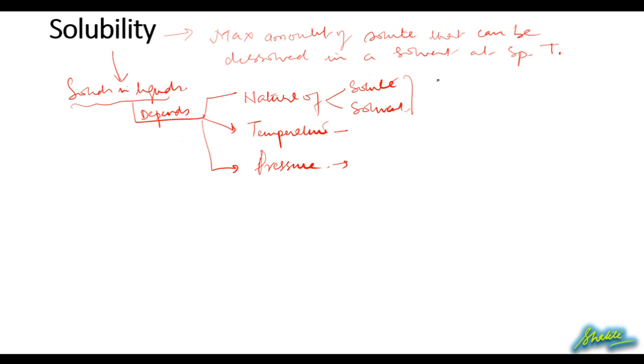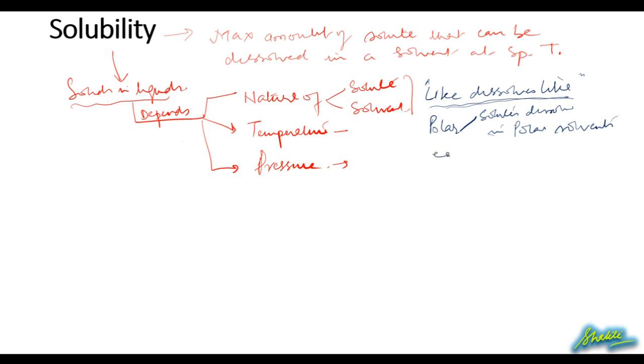It follows the principle like dissolves like. इसका क्या मतलब है कि एक जैसे सॉल्यूट्स एक जैसे सॉल्वेंट्स में डिसॉल्व होते हैं, या हम कह सकते हैं कि पोलर सॉल्यूट्स dissolve in polar solvents.